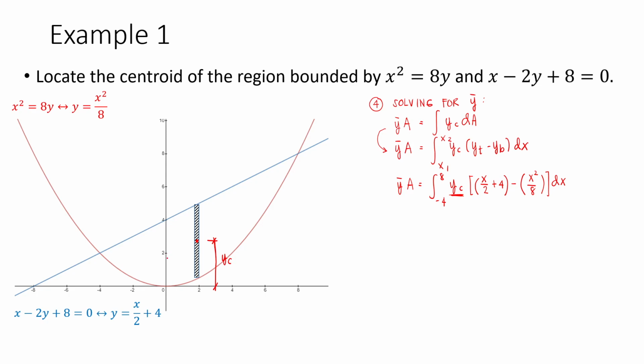Earlier, it was easy for us to say that x sub c is equal to x because the direction is already in the x-axis. So we can say your x sub c is just x unknown units because the direction is already in the x direction. But for y sub c, the direction is y units. So we need to convert it in terms of x for us to be able to completely solve the integral equation, because notice that we are integrating with respect to x.